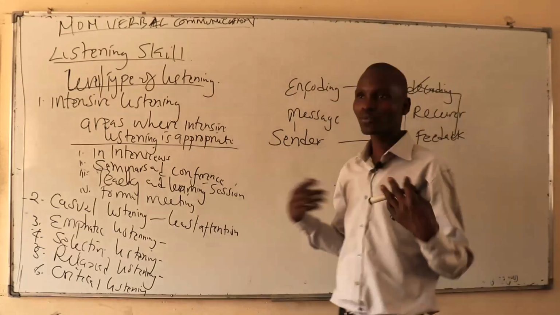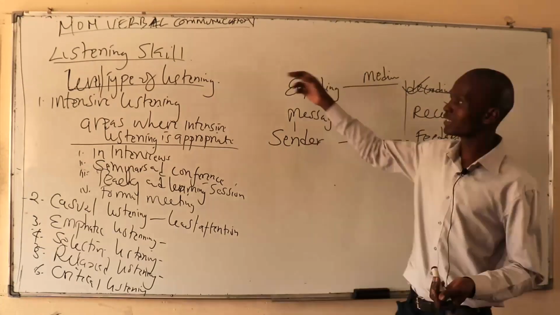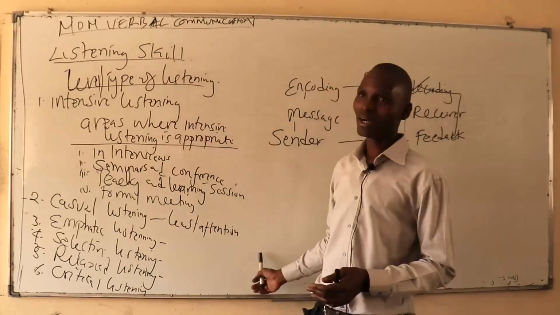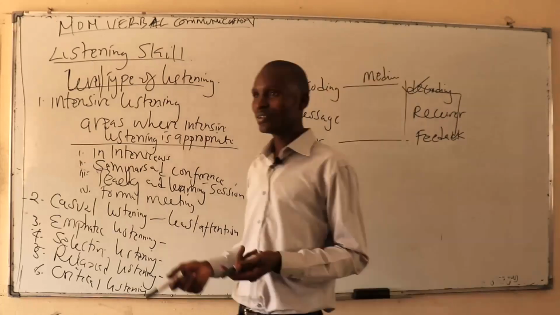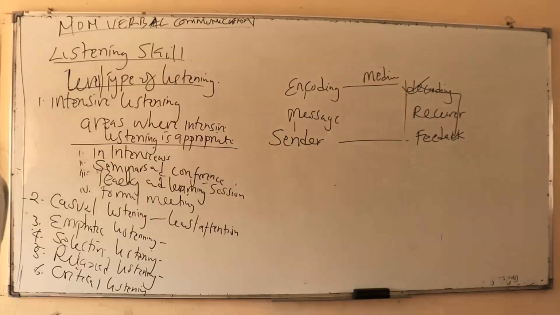You will only be keen on what is about CPA part 1 or ATD part 1. You cannot be keen on CPA part 2 or section 4 or section 5, because you have not reached there. That is irrelevant. That kind of listening is what we refer to as selective listening.